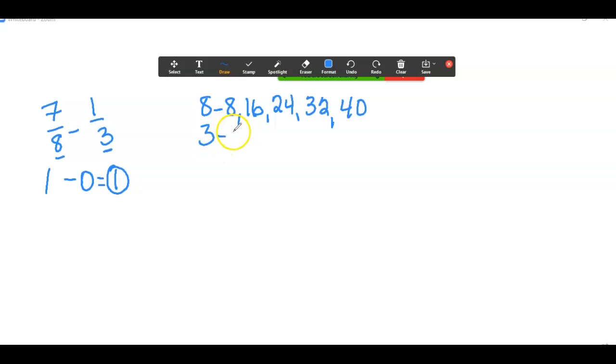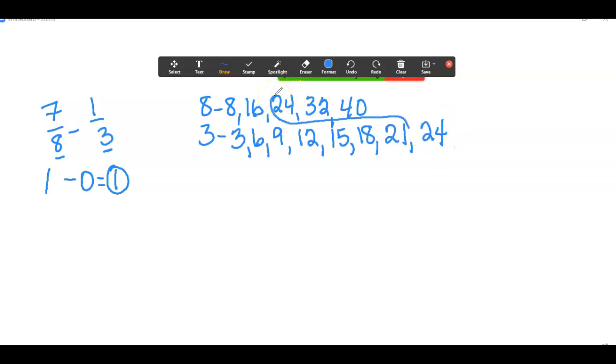The multiples of 3: 3, 6, 9, 12, 15. Well, I don't see any yet, so I'm going to continue down here. 18, no. 21, no. 24, yes. So 24 is my LCD.